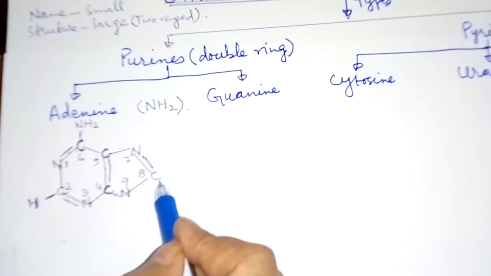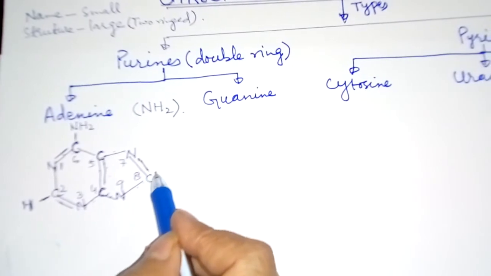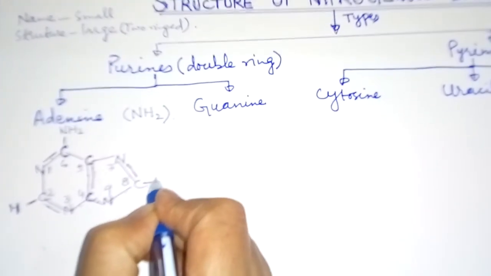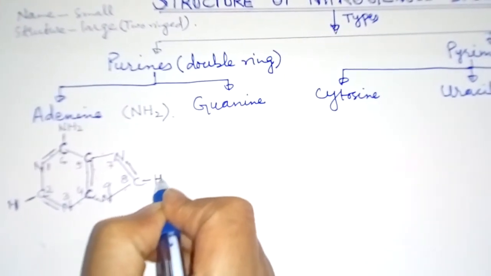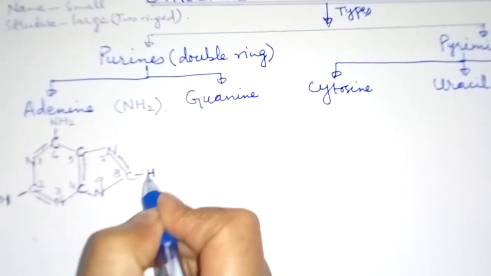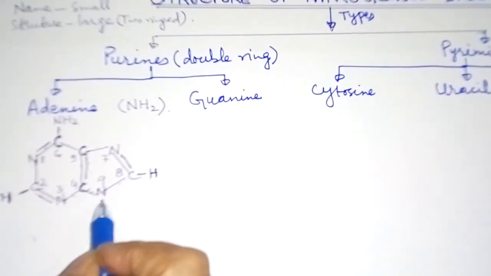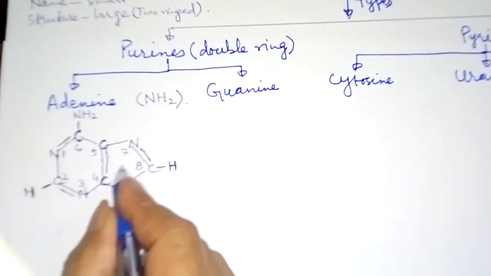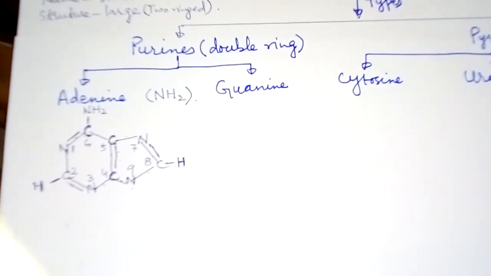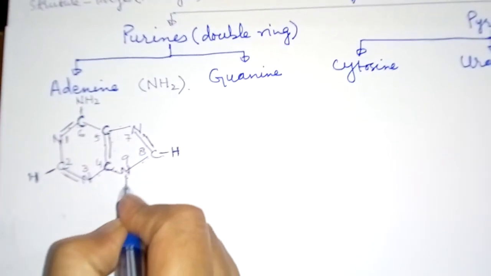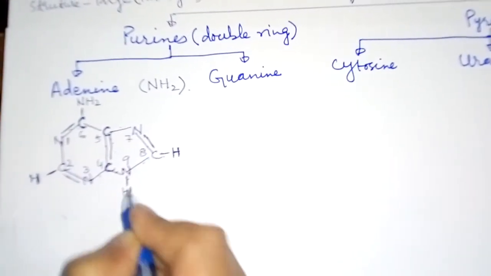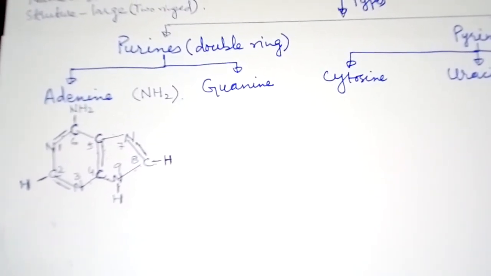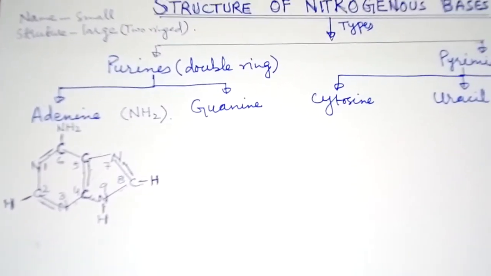But this carbon is not satisfied, it has only 3 bonds, so I will make another bond with it and attach a hydrogen atom with this carbon. And this nitrogen's valency is not satisfied because nitrogen valency is 3, and it has 2 bonds, so I will write another hydrogen with this. So in this way the structure of adenine is completed.